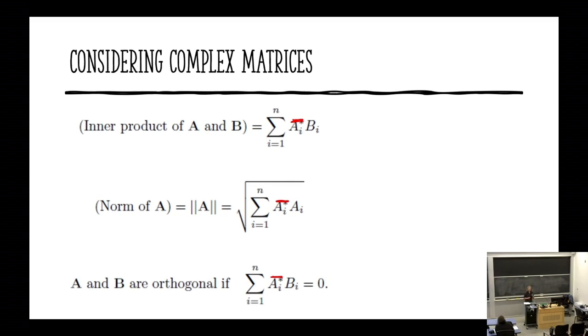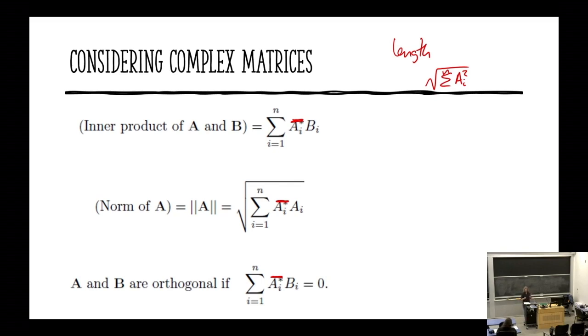The reason for this is because when we think about the length of our vector in a complex plane, we saw this equation, the sum over n of a_i squared, right? We want that value to be positive because it's a length.